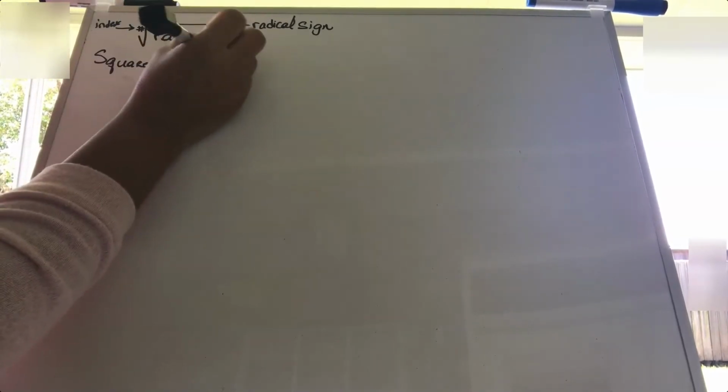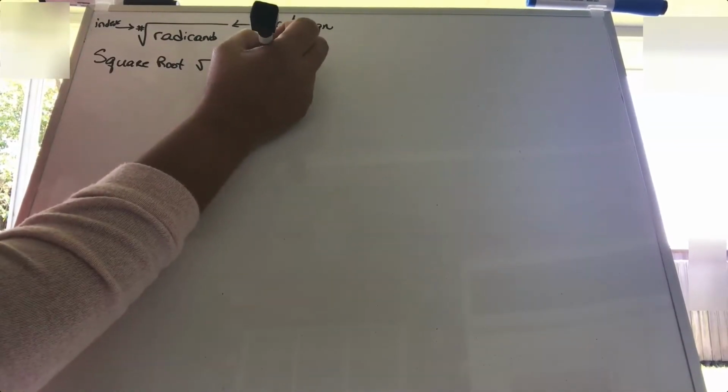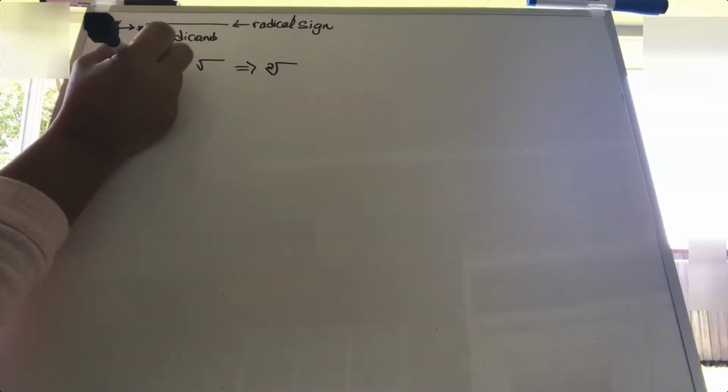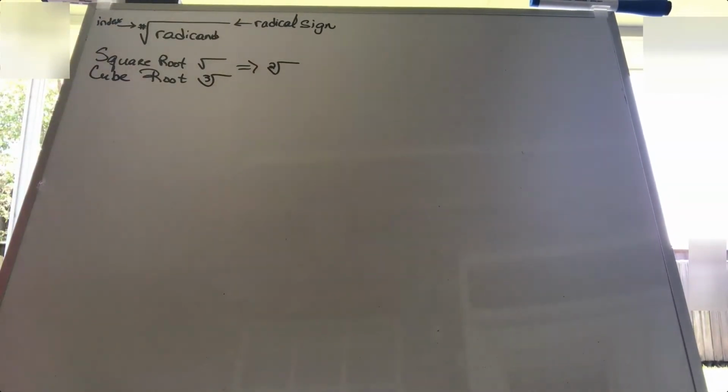We said a square root is that, which means that your index is 2. A cube root has an index of 3.